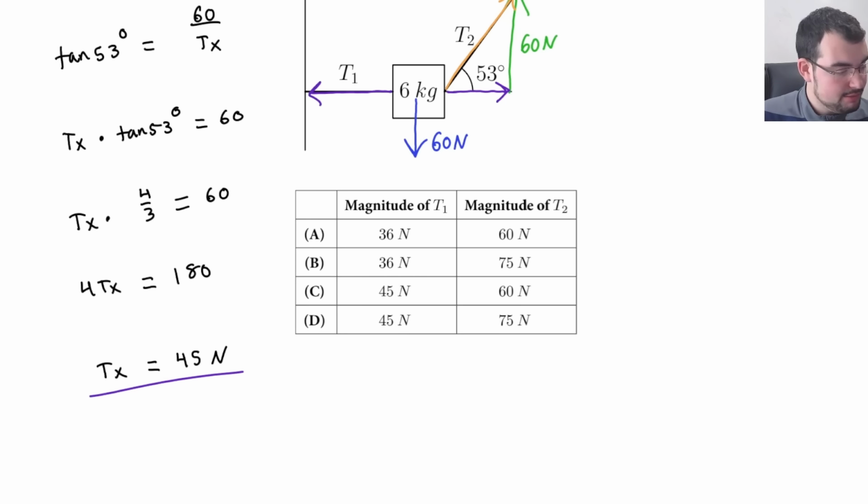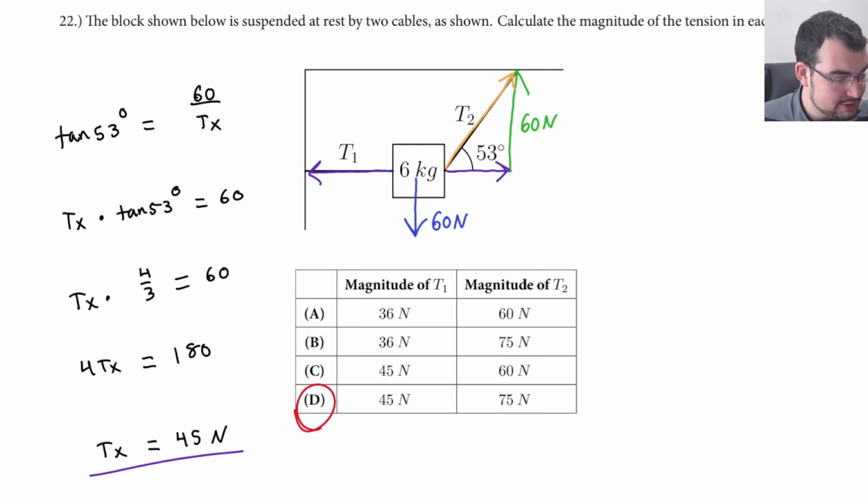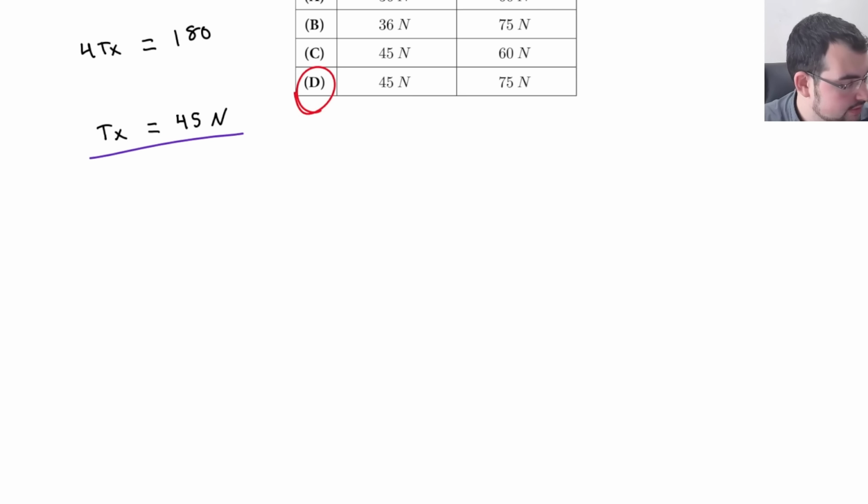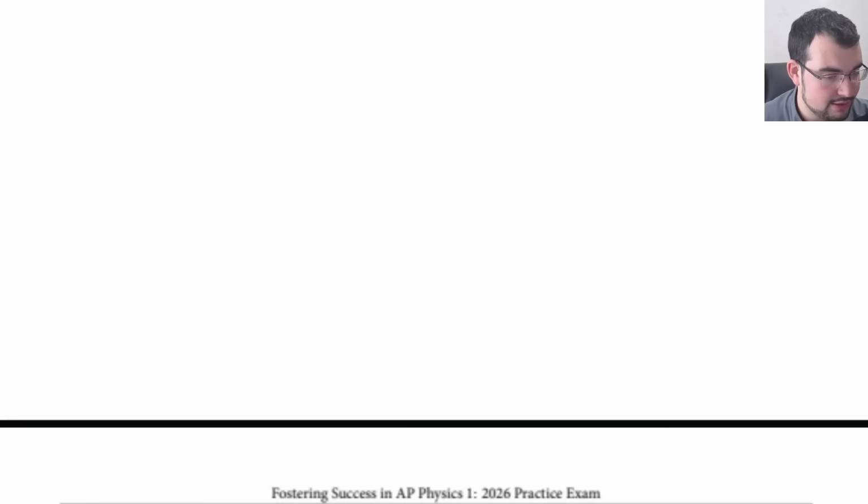All right, and then by elimination, we actually know what the answer is going to be, because if T1 is 45 newtons and a component of T2 is 60, well, we know T2 can't be 60 because that's just one of the legs of the triangle. So you could Pythagorean theorem this and you'd see it's 75. Lots of steps involved, even though it's just Newton's first law. 3-star.